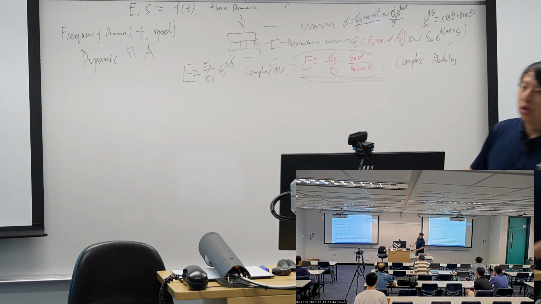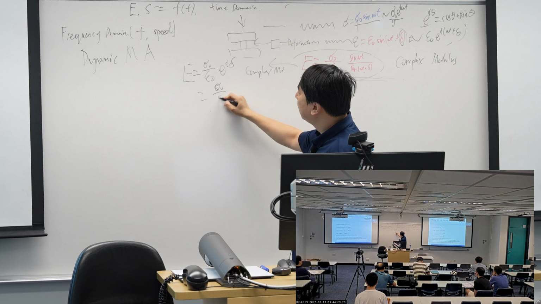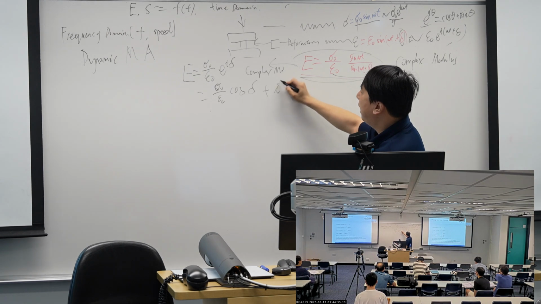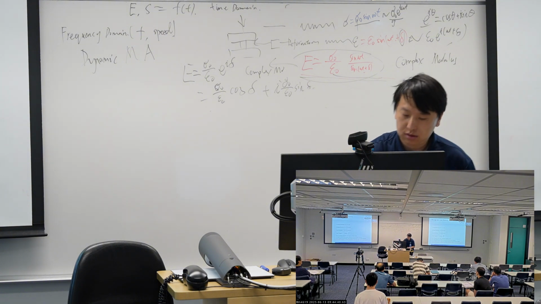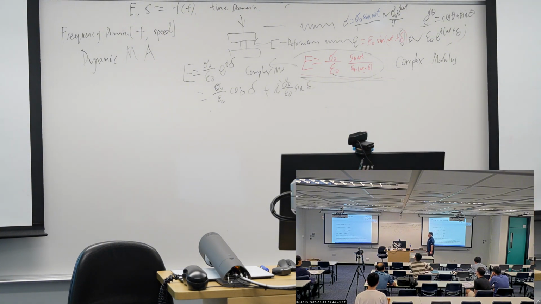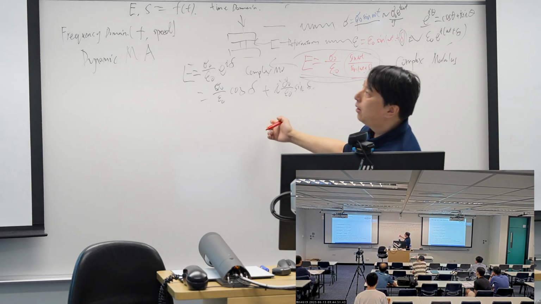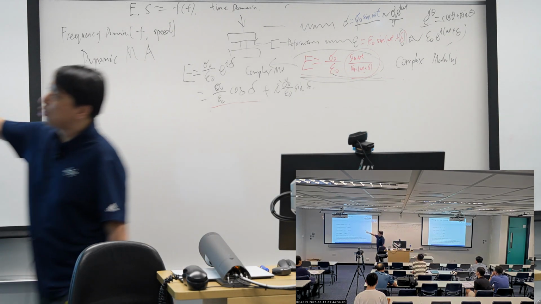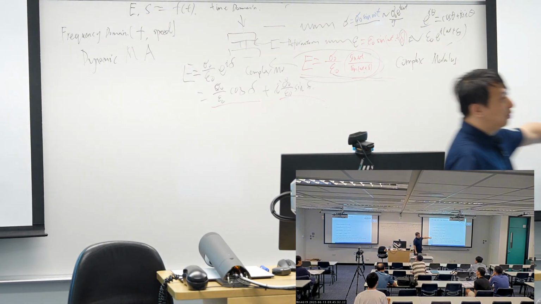And of course, it has a real part. The real part goes with cosine delta, and the imaginary part is i times sigma 0 over epsilon 0 times sine delta. As people introduce the complex or the imaginary, they want to represent this kind of time difference. In mechanics, they call the real part storage, and the imaginary part loss.